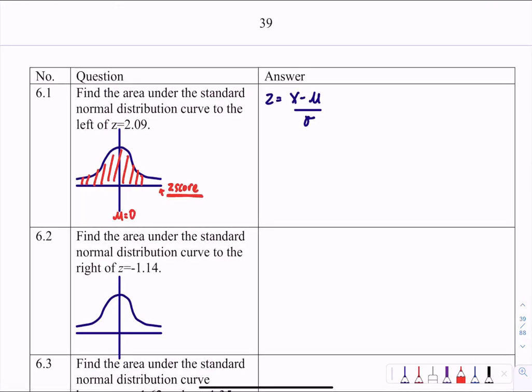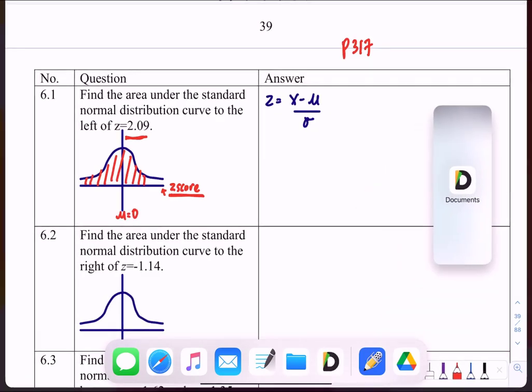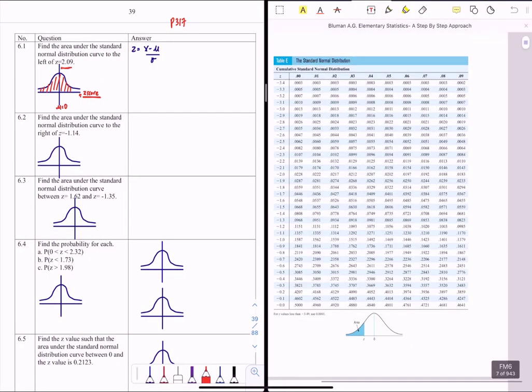For example, this one: find the area under the standard normal distribution curve to the left. To the left. This one is on page 317. We need to use table E. Of course, I open table E here.